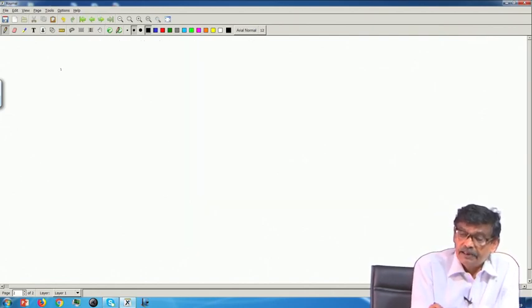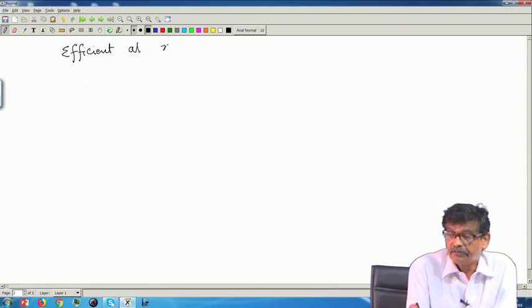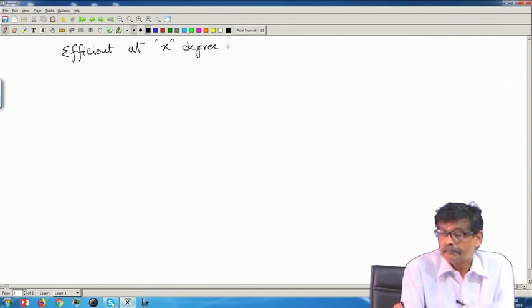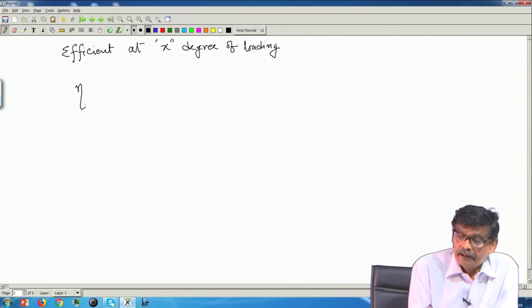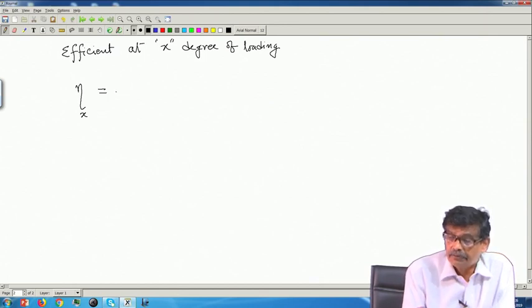Then efficiency at x degree of loading, which I denoted with the suffix x, will be equal to output kilowatt by input kilowatt.